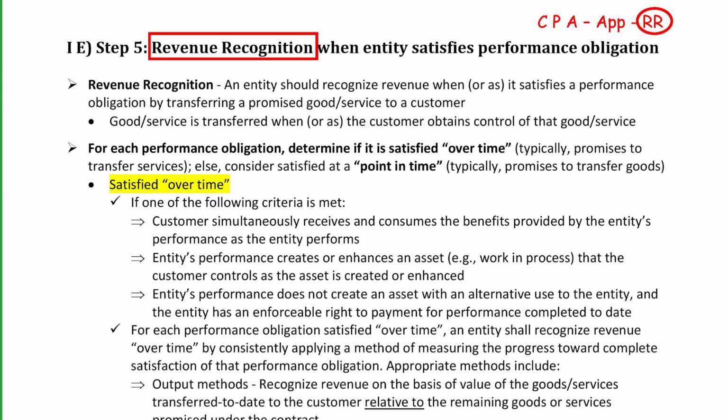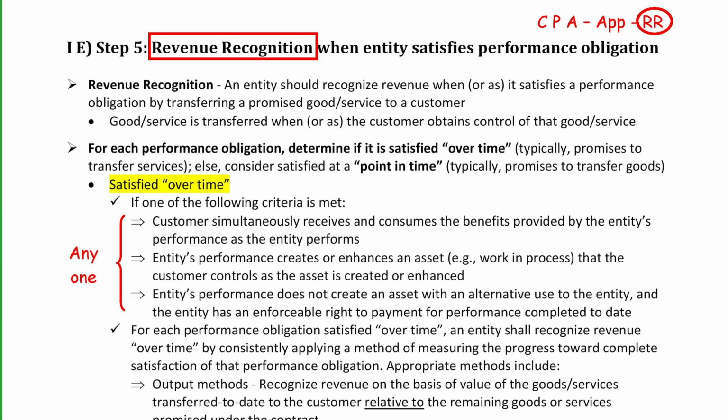Now, for a performance obligation to be considered satisfied over time, any one of the following criteria needs to be met. So put a bracket and write any one. And we've got 3 of the criteria.